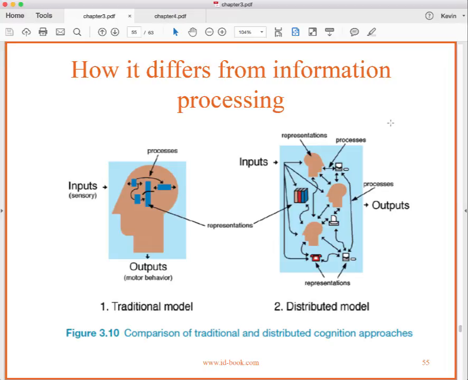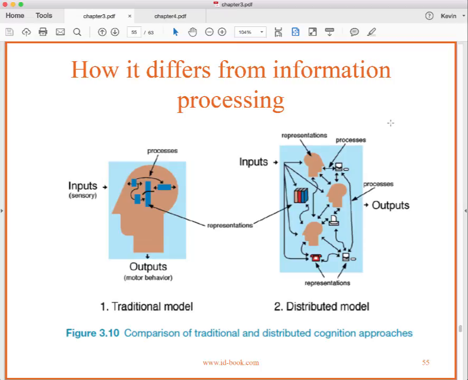We have a single perceiver and actor, and they have sensory input. There are processes that go on. Perhaps it's helpful to think of them in terms of that processor model that we saw a couple of slides ago. And it's going to turn into outputs in terms of that individual's motor behavior. They're going to click a button. They're going to type. They're going to speak. They're going to do something.